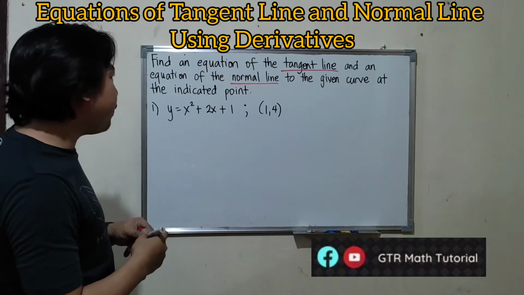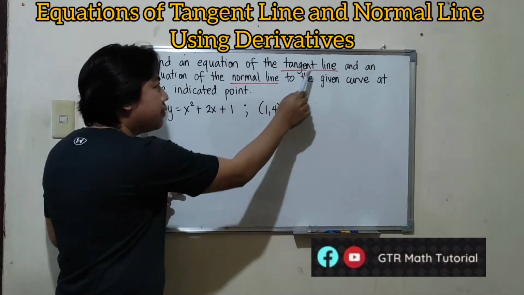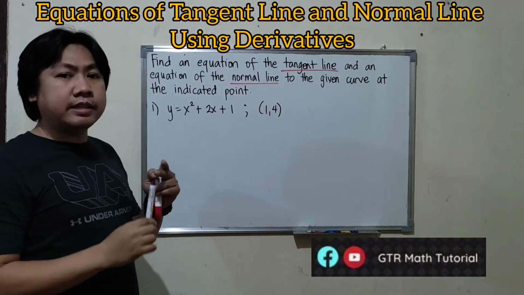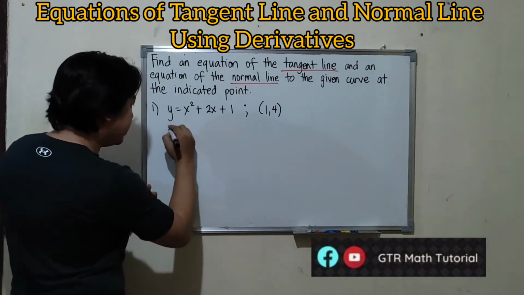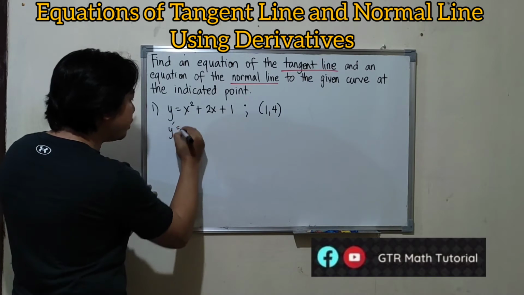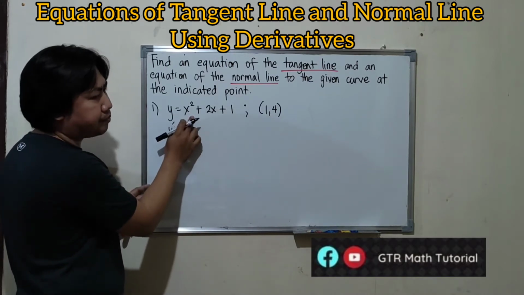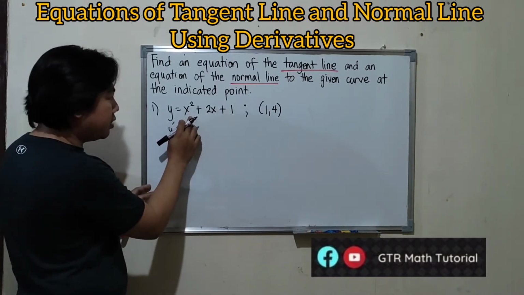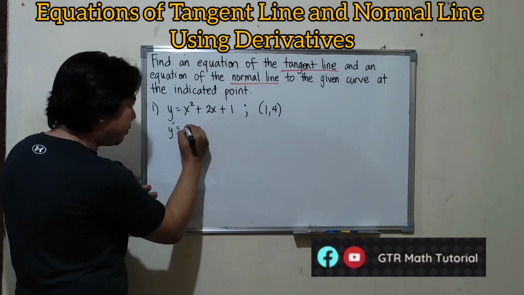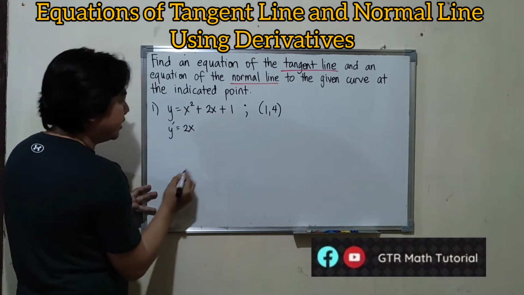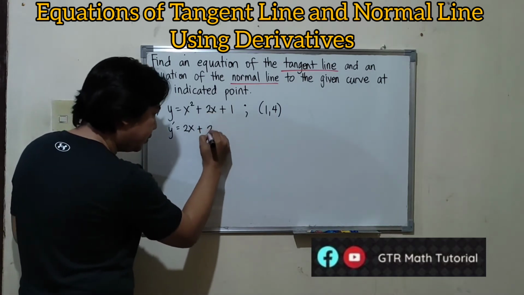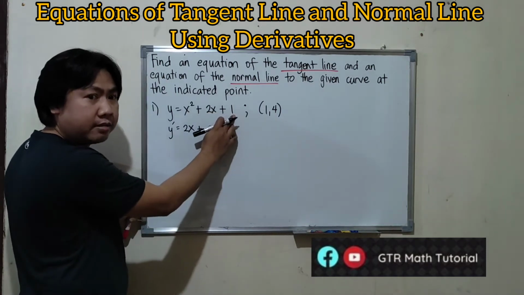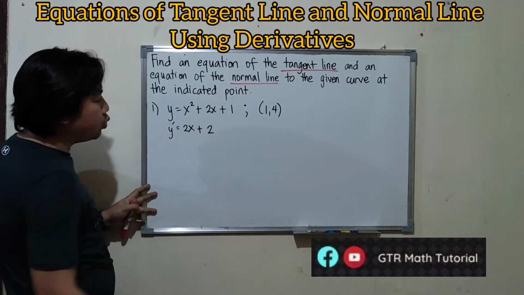To find the equation of the tangent line, we need to find first the slope, so get the derivative. So y prime is equal to, applying the power rule, the derivative of x squared is 2x, plus the derivative of 2x is 2, plus the derivative of a constant is 0. So y prime equals 2x plus 2.